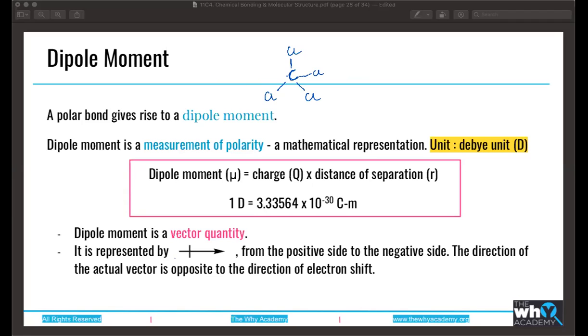Everyone agrees or anyone disagrees? Correct, because it's perfectly symmetrical, right? So for all the 3 downwards, if you do the vector addition, the dipole moment will end up exactly opposite to the dipole moment of the top part. The magnitude is the same, the direction is opposite. These 2 get cancelled.